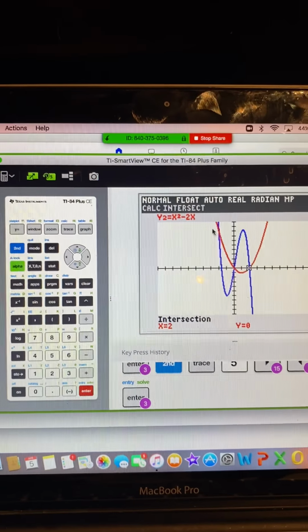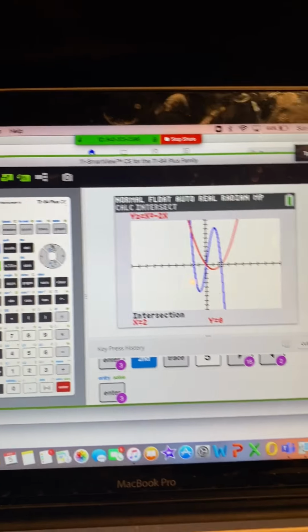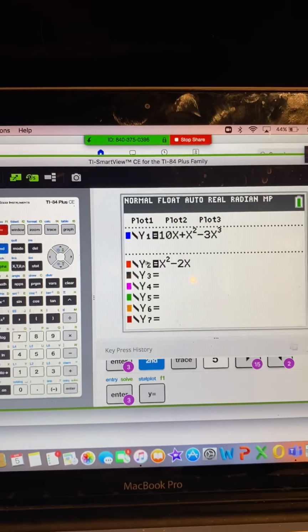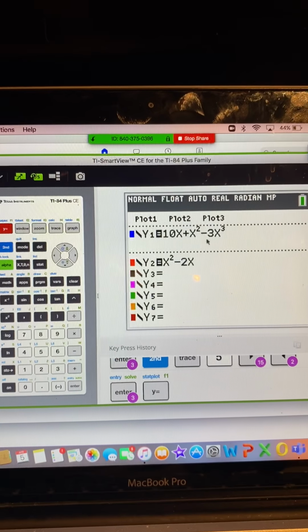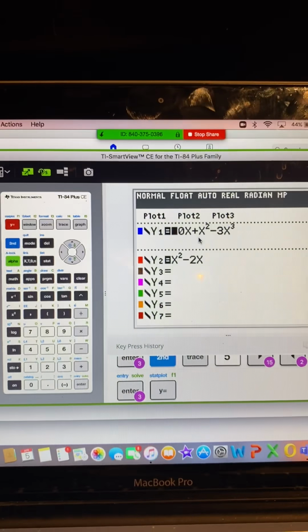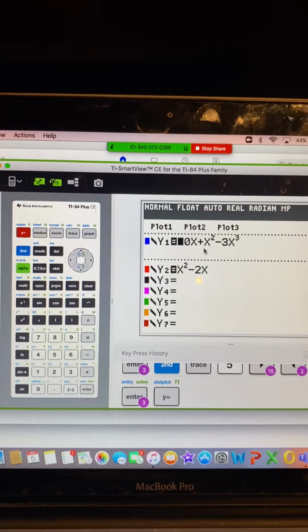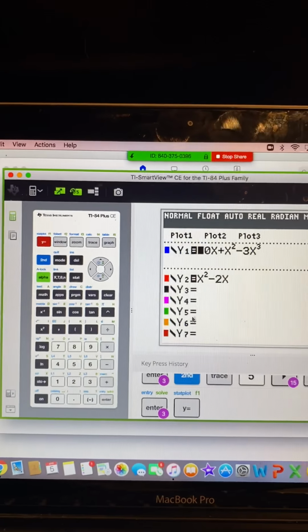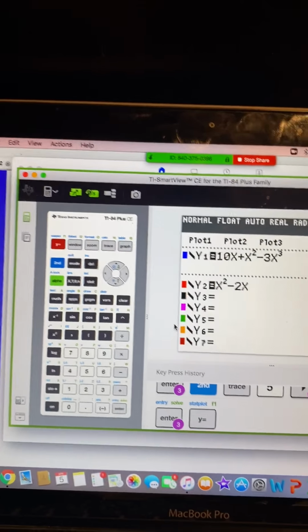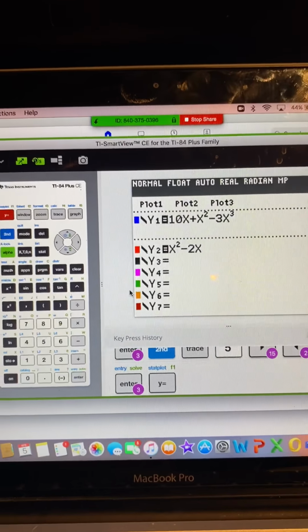Now remember, if we go back to the y equals, the parabola is y2 and the cubic is y1. So if I want to find this area, I have to do 2 integrals and add them together.